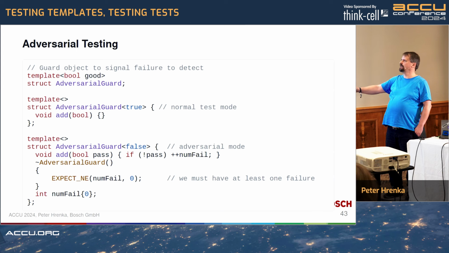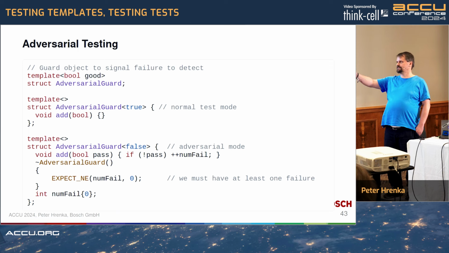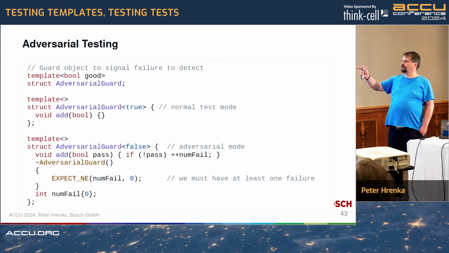If it's false, we increment the count of how many times it failed. Also, in the destructor, we expect that there's a non-zero number of failures. So what's the reasoning behind that?